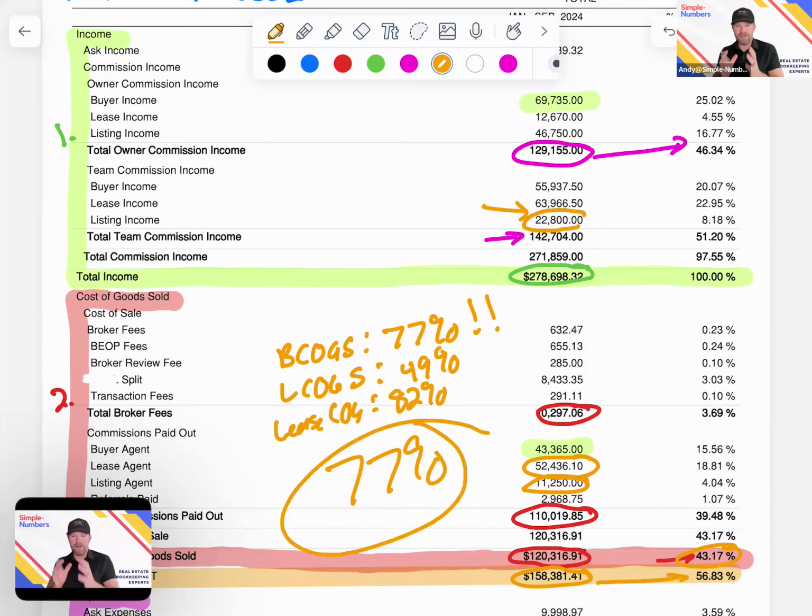We are averaging 77 cents on every dollar that goes to the agent whenever a team agent does a deal. So now you can see that if the owner of the team stepped out of production tomorrow, they would have 23% left after paying the agents on all these deals to be able to pay the bills and still have profit.